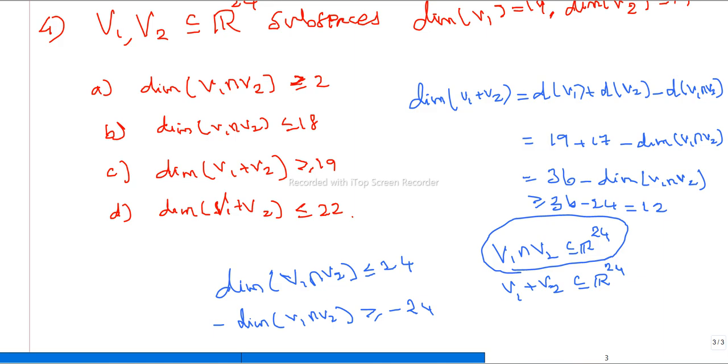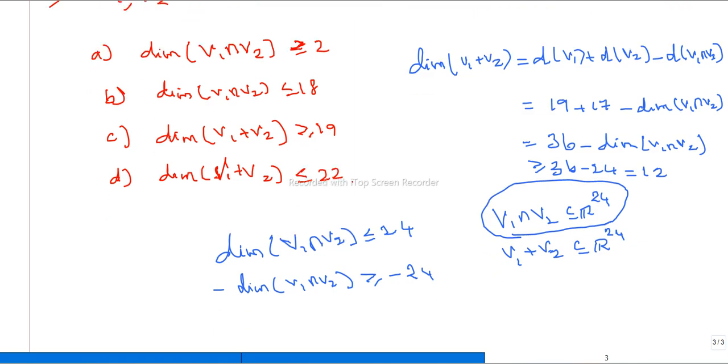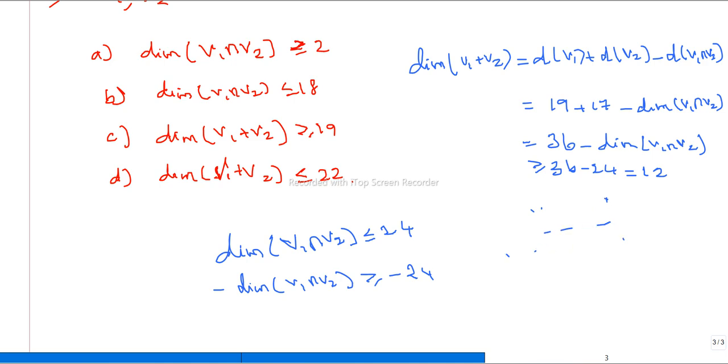If you sum this one, otherwise we cannot say, because here option C says at least 19, therefore this is not true. So maybe you can take the intersection to this side and the sum to that side. The same formula will work, right? So the dimension of V1 intersection V2 is equal to the same thing.